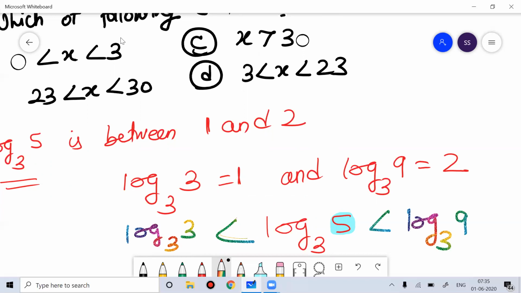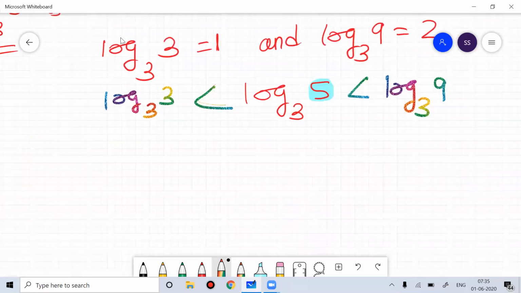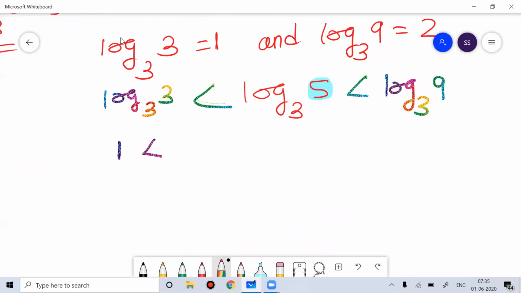I don't think anyone has doubt on that part. And you know that log base 3 3 is 1 and log base 3 9 is 2. So with that I can say that log base 3 5 is between 1 and 2.